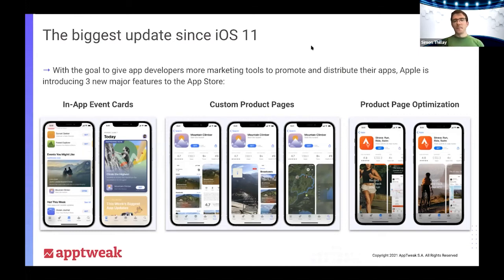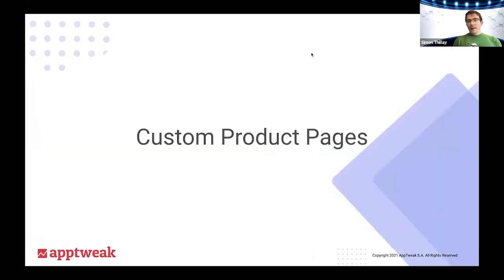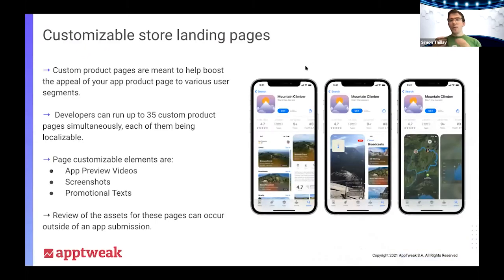So let's start with custom product pages, because this is probably the most anticipated change at first, although not necessarily the most important one. Custom product pages are meant to be customizable store landing pages.